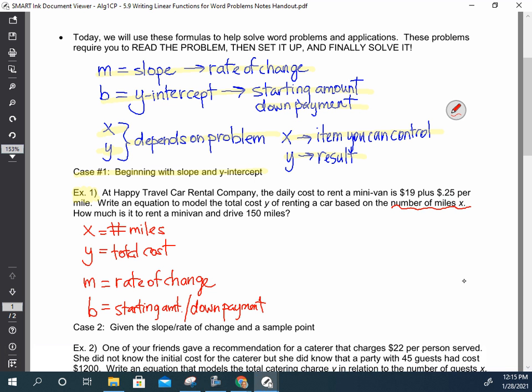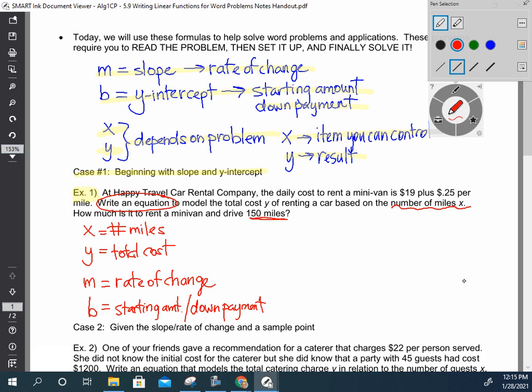So let's set this up. We have to write the equation before we can use 150. So pretend that 150 isn't there for a second.